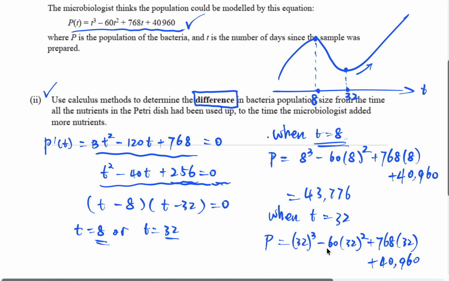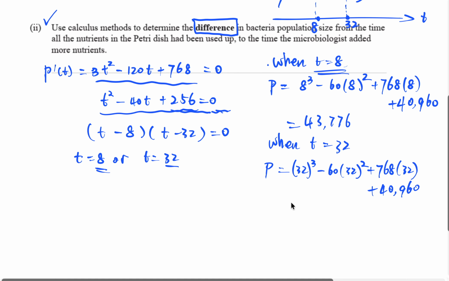Let's have a look at this. 32 cubed minus 60 times 32 squared plus 768 times 32 plus 40,960. It's 36,864. So now I should have my difference.